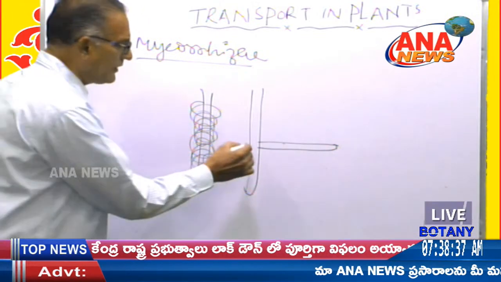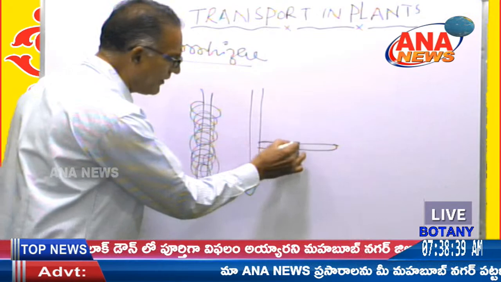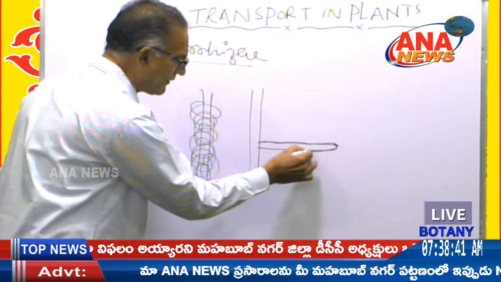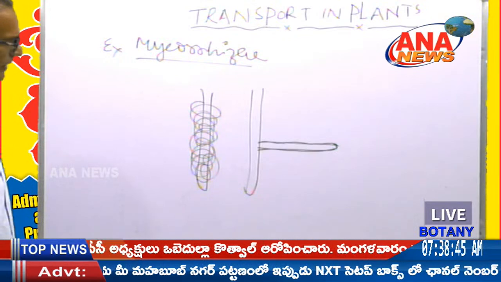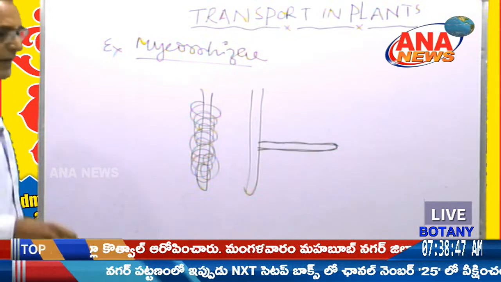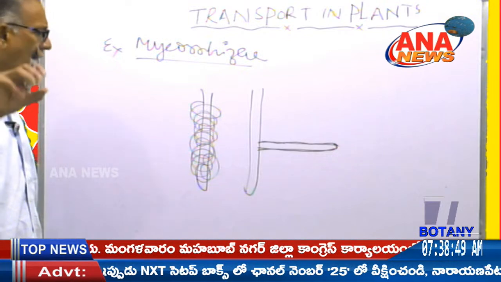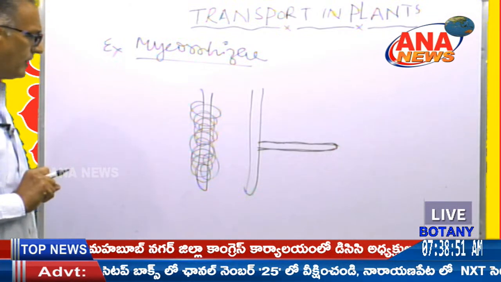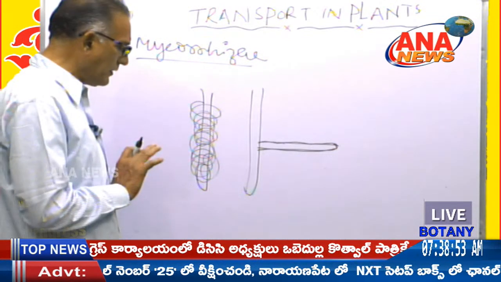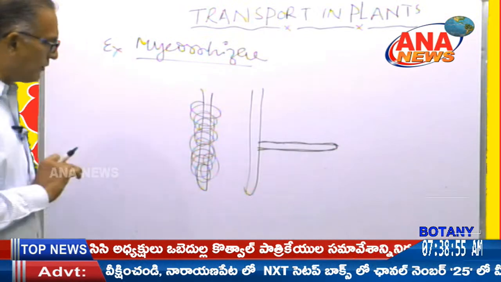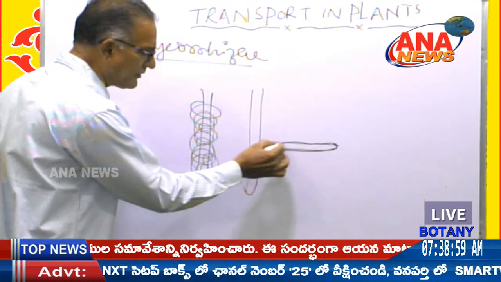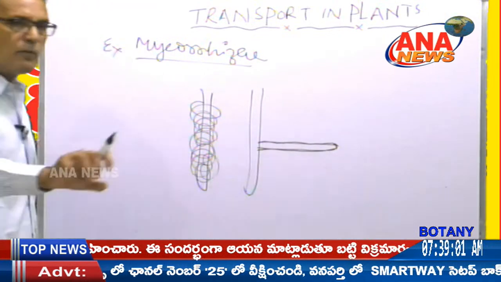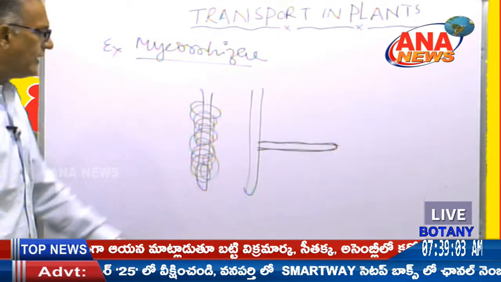The fungal hyphae have a large surface to absorb the soil water. So the fungal hyphae absorb more water. More than the root hairs, the fungal hyphae extend and have a larger surface area, so they absorb more soil water than the root hairs do.